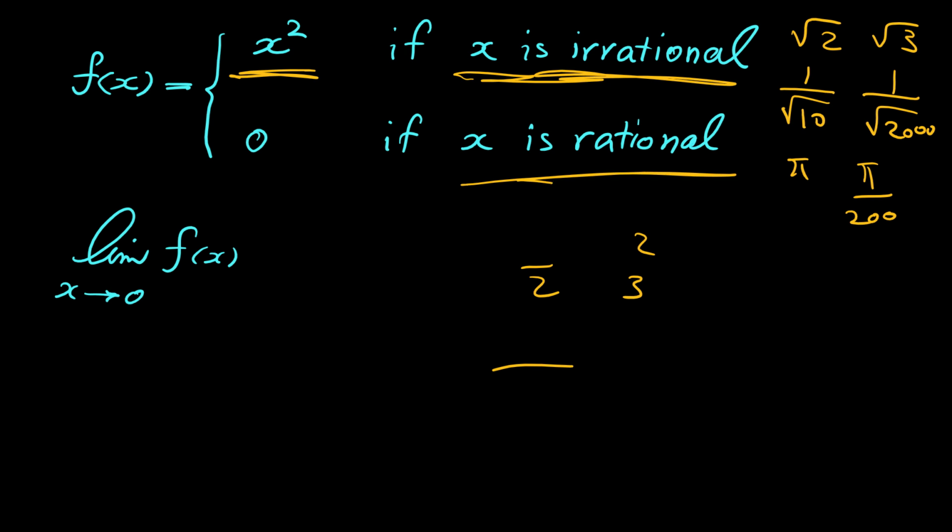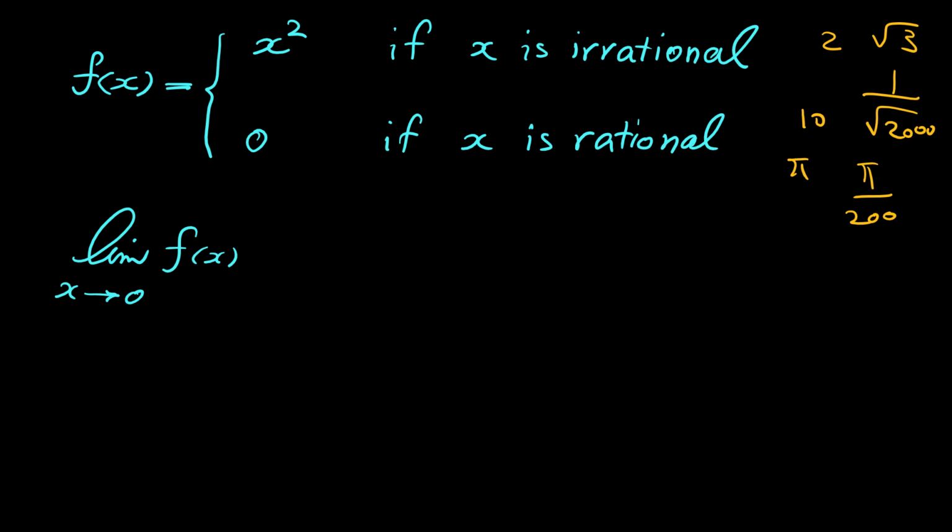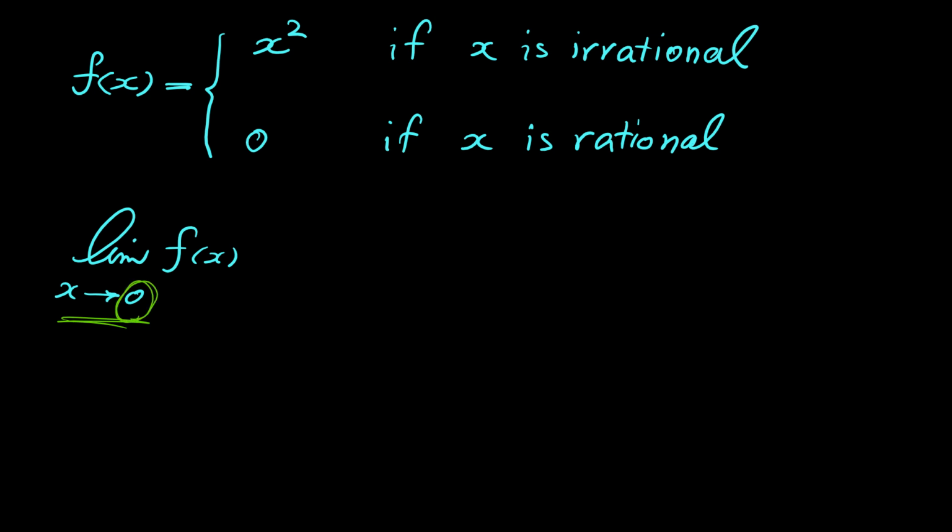Now we want to find the limit of this function using the squeeze theorem. But why is it a good idea to use the squeeze theorem for this function? When x approaches 0, the numbers that are close to 0 can be either rational or irrational.